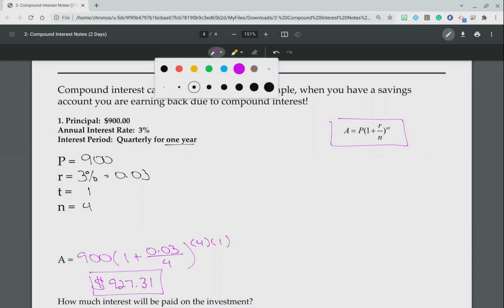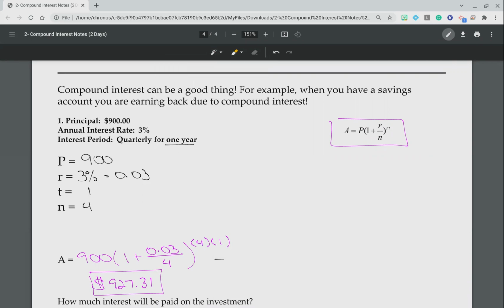All right, if you're not using a graphing calculator, let's figure out what that fraction is. So 0.03 divided by 4, which is 0.0075. And then we're going to figure out what that number is, which is just going to be 1.0075.